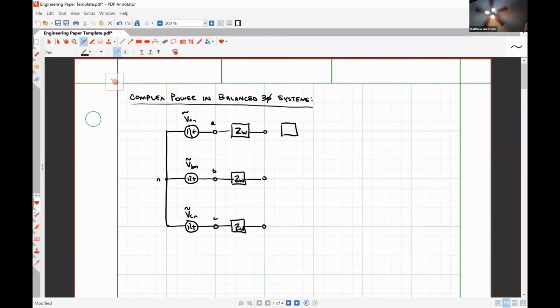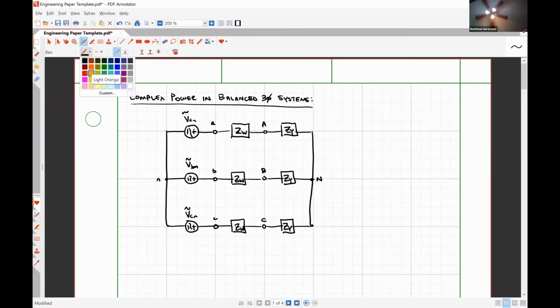And here is our load. All righty, so through the A phase of the load, we know that we should have some phase current, IAN.